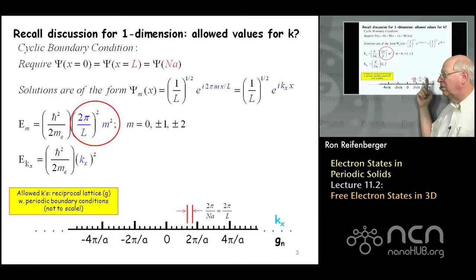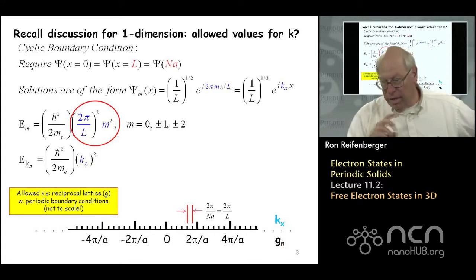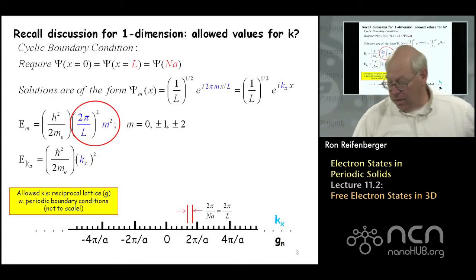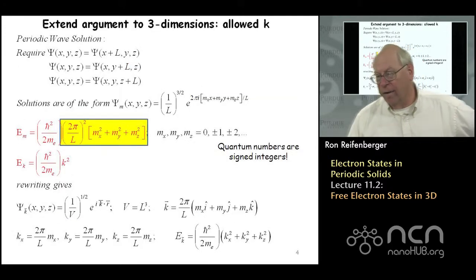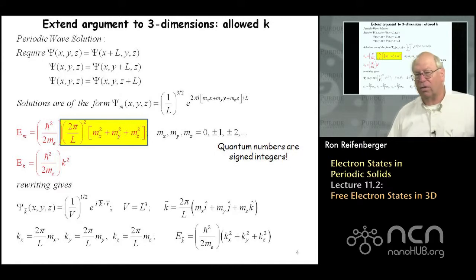And the quantization is 2 pi over L. That's something we've already discussed, and hopefully you understand it at an intuitive level at this point in the course. We're going to extend that argument to 3 dimensions.